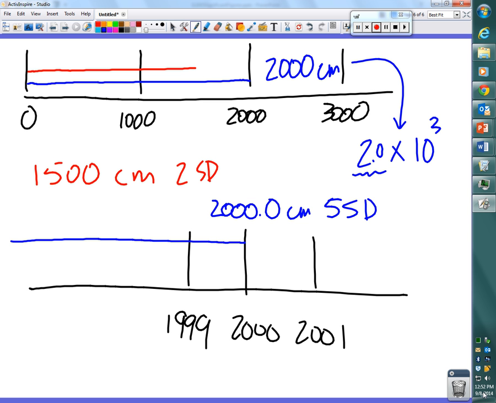Alex, go ahead. So like if 2000 had 3 significant digits, can you do it 2.00 times 10 to the third? Yep. That's showing you that the first 2 zeros are significant, but the last one isn't. That's so cool. Okay? We could do that if we change this ruler to look like this.